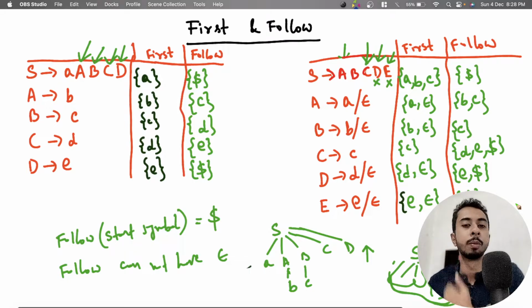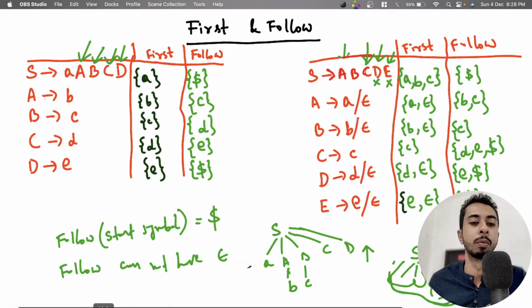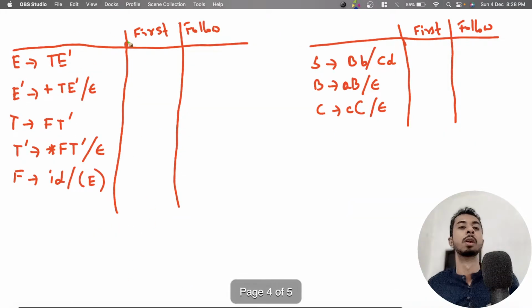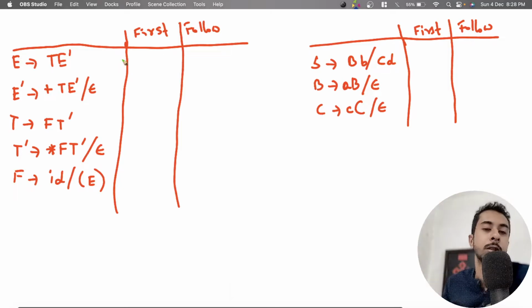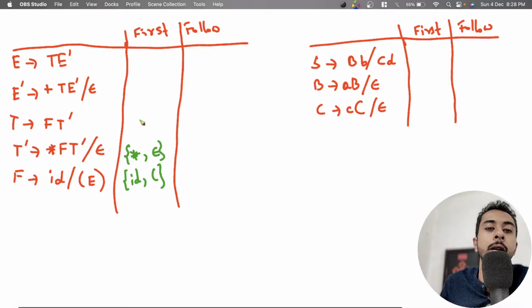So in this way, you have to find the first and follow. I'll do it very fast. Okay, so let's write the first. So here it will be ID, comma, first bracket. First bracket and last bracket are the alphabets, the terminals. The first of this is star as well as epsilon.